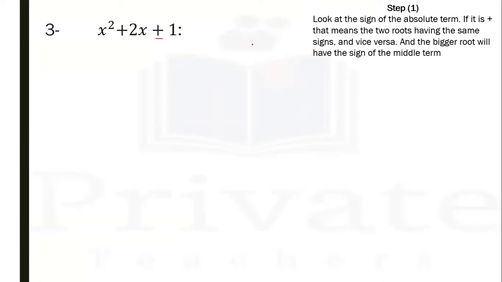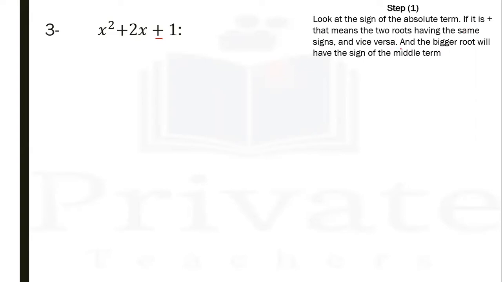Because the absolute term is the multiplication of the two roots, and we know that for two integers, if their signs are the same, the answer will have a positive sign. So the absolute term here has a positive sign, which means we keep in mind that the two roots have the same signs, but whether minus minus or plus plus is what we are going to find at the second step.